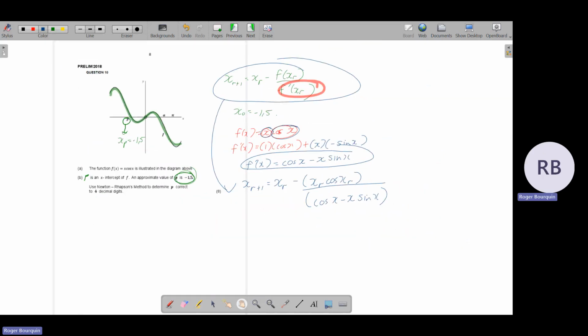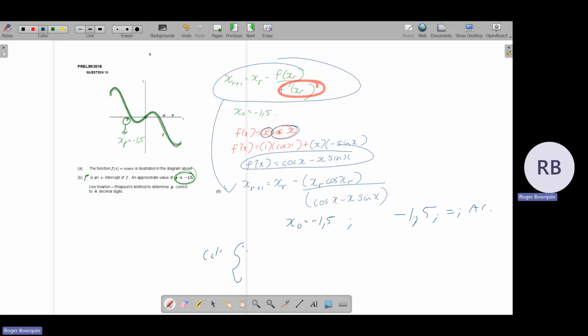Now what we have to write down is our iterations. The first guess is equal to negative 1,5. On my calculator, I type negative 1,5 equals, so it's stored as the answer.